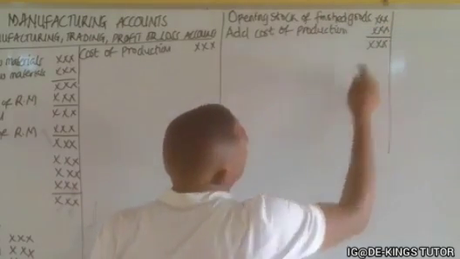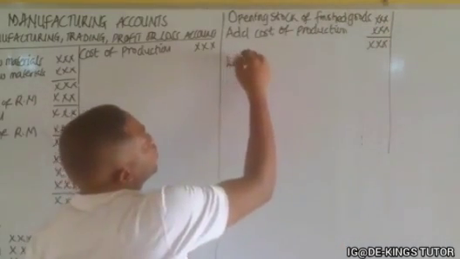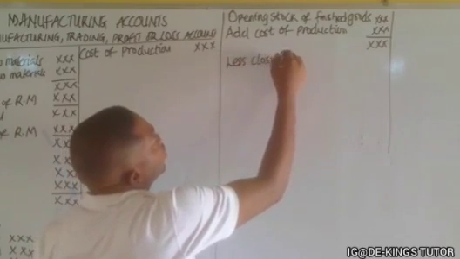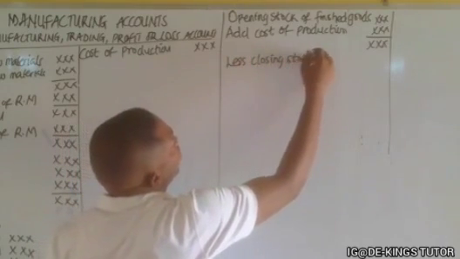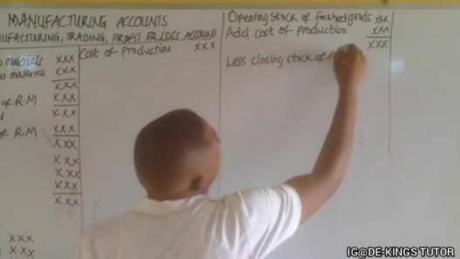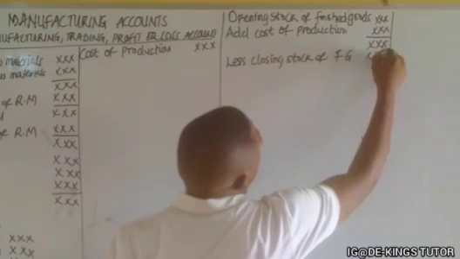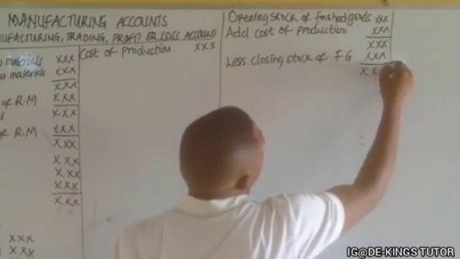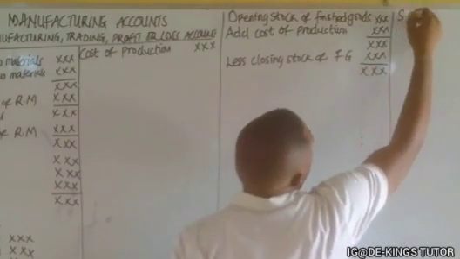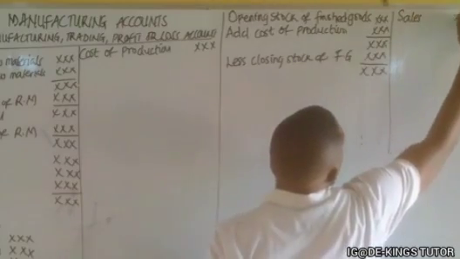We have this here. Now, the next one is less closing stock of finished goods. Then this is our sales. Remember? Sales.